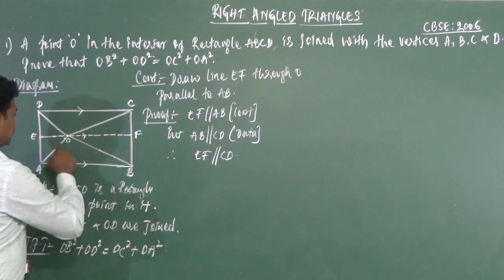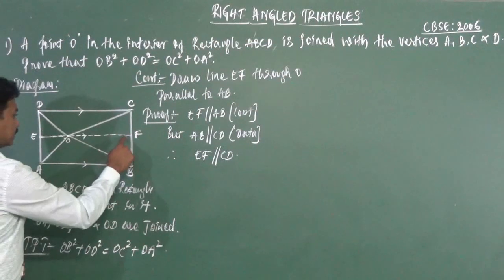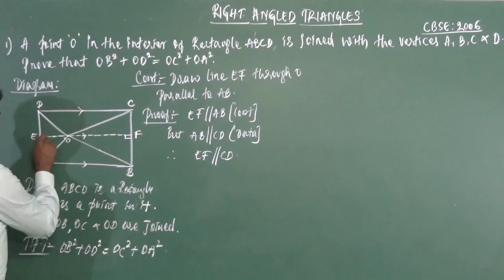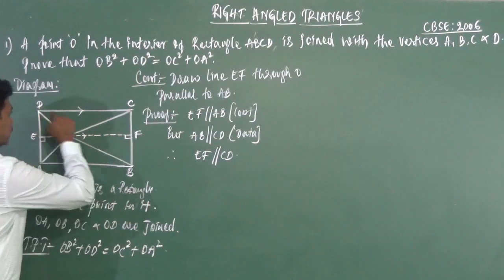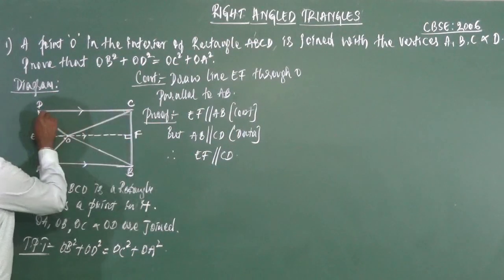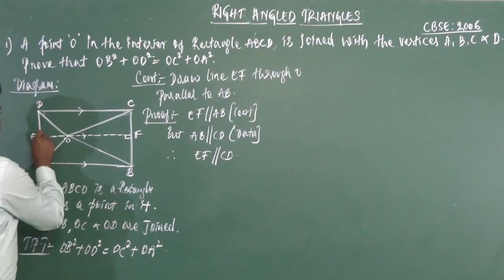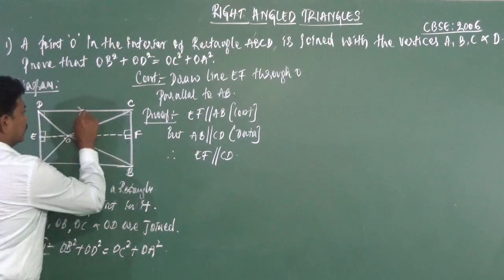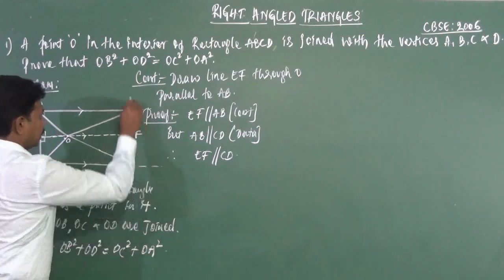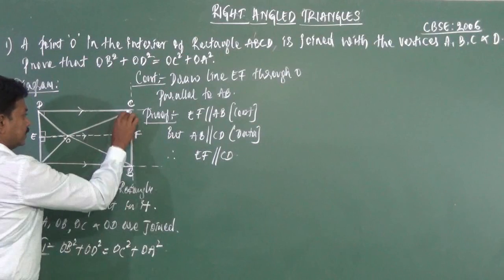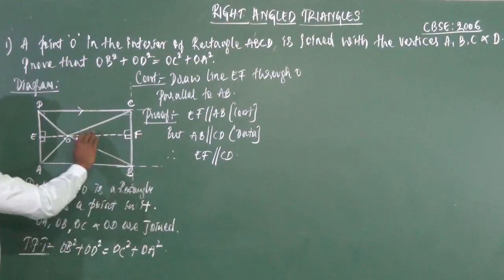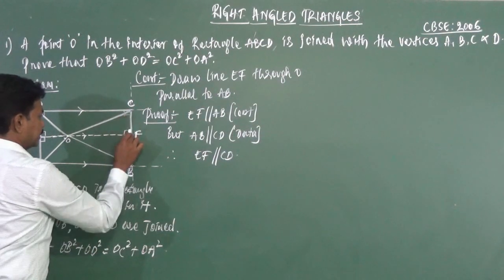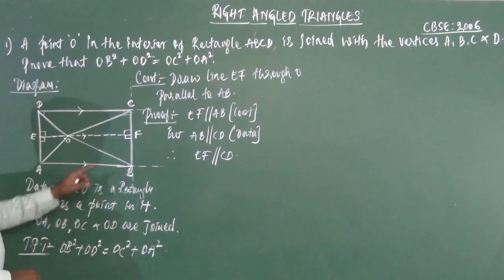You have drawn line EF parallel to AB, so this angle will be 90 degrees and this angle also will be 90 degrees. As these are two parallel lines, and if you consider this as the transversal, the interior angles on the same side of the transversal are always supplementary. So if this angle is 90 degrees, then this angle will also be 90 degrees. The same logic applies here.